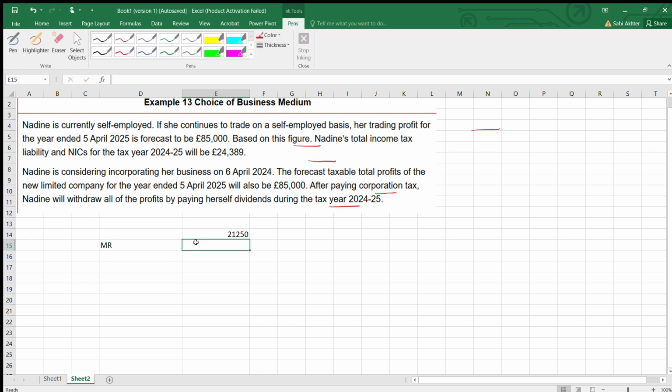See, in this case, your TTP will be equal to your augmented profit because you have not been given the information about dividend.